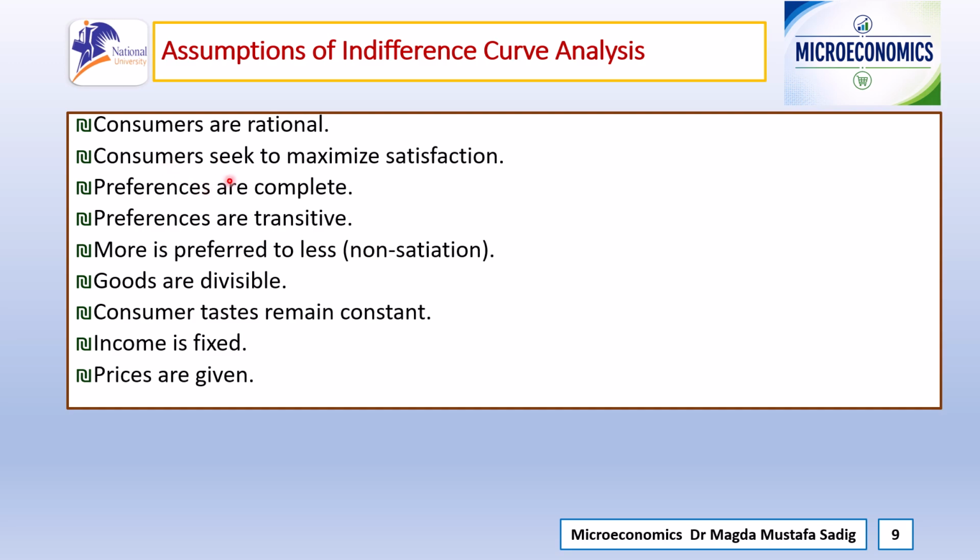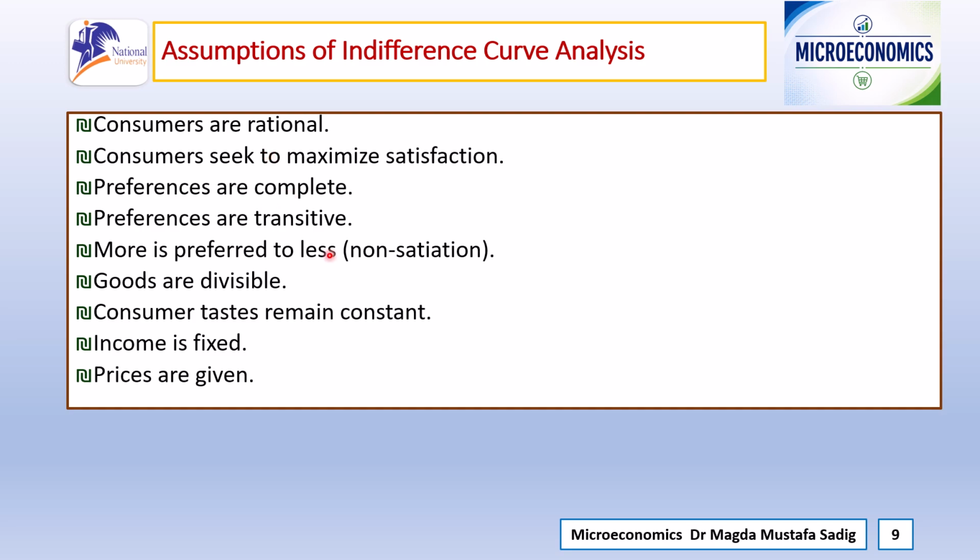The first assumption is that consumers are rational. A rational consumer is someone who makes decisions logically and consistently. It means that consumers aim to obtain the highest possible satisfaction from their available income. They compare alternatives before making a decision rather than choosing randomly.